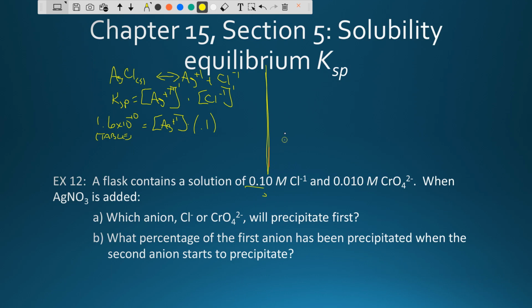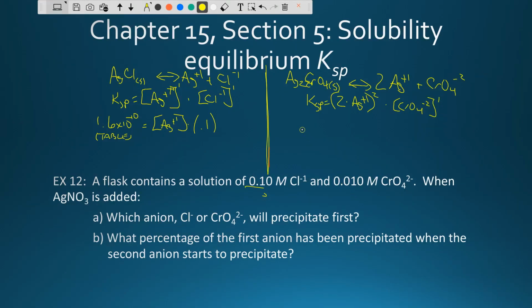Now, before I move on, let's do the exact same thing, and I have silver chromate this time. Now, be careful, because this is silver chromate, that's Ag2CrO4. That's my solid, so I'm going to get 2 silver ions on this. And I've got chromate, and so now my Ksp is going to be 2 times my silver ion squared times my chromate.